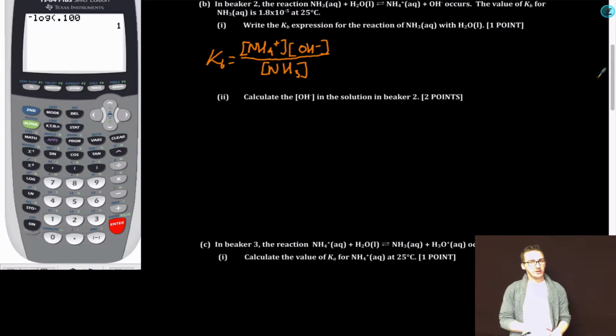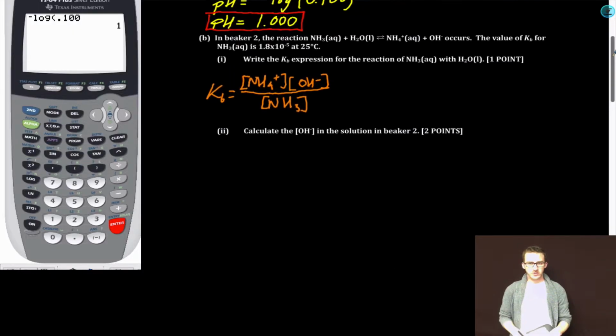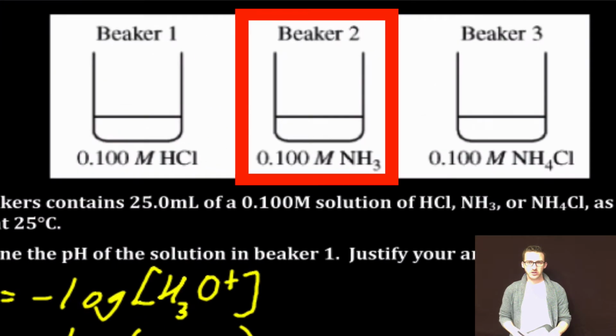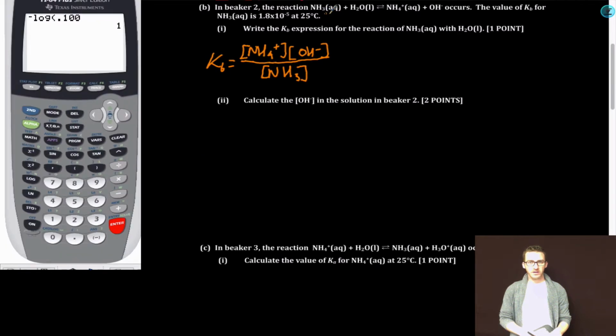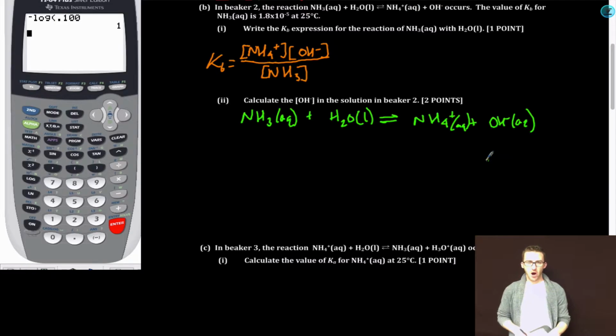Subpart 2. Calculate the hydroxide ion concentration in the solution in beaker 2. Alright, as we scroll back up and take a look at beaker 2, recognize that in beaker 2, we have a weak base, ammonia. Now we're provided with the reaction for ammonia with water, but I'm going to rewrite it here beneath subpart II. Because it's a weak base, it's not going to completely form all this product.